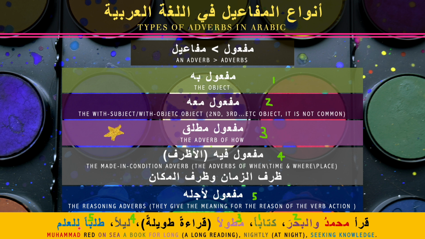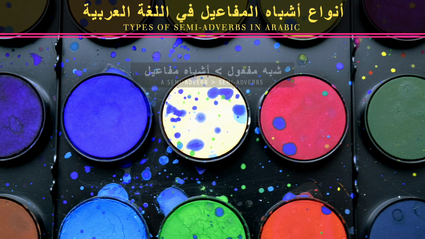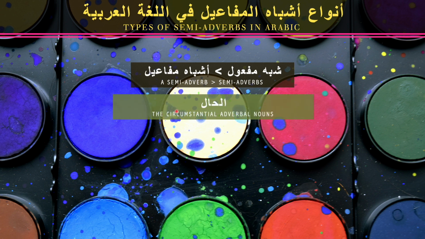Now let's go for the next part, which is about the semi-adverbs. But just one thing before we go. One of the semi-adverbs looks very similar in function to the adverb of how, مفعول مطلق. So the semi-adverbs, أشباه المفاعيل: we have الحال, the circumstantial adverbial nouns.